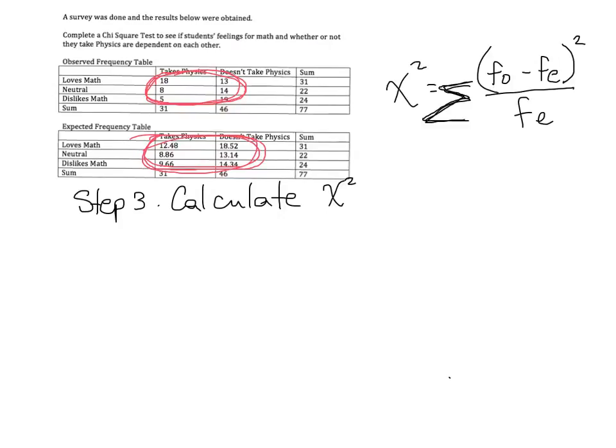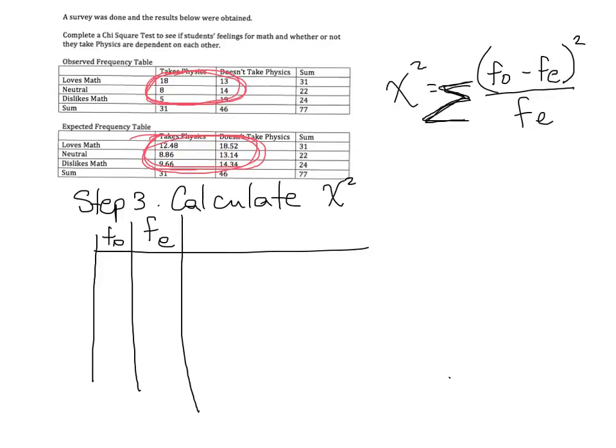We're going to set up a table, and in our table we're going to list our FO values, or observed frequency values, which are called FO values. We're going to list our expected frequency values, called FE. We're going to make a column for the part in parentheses, FO minus FE. So that's what's in parentheses in our formula.